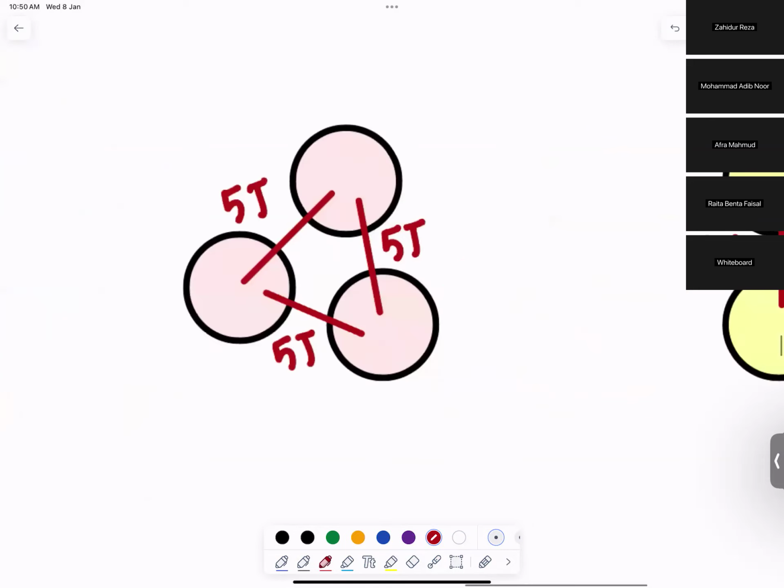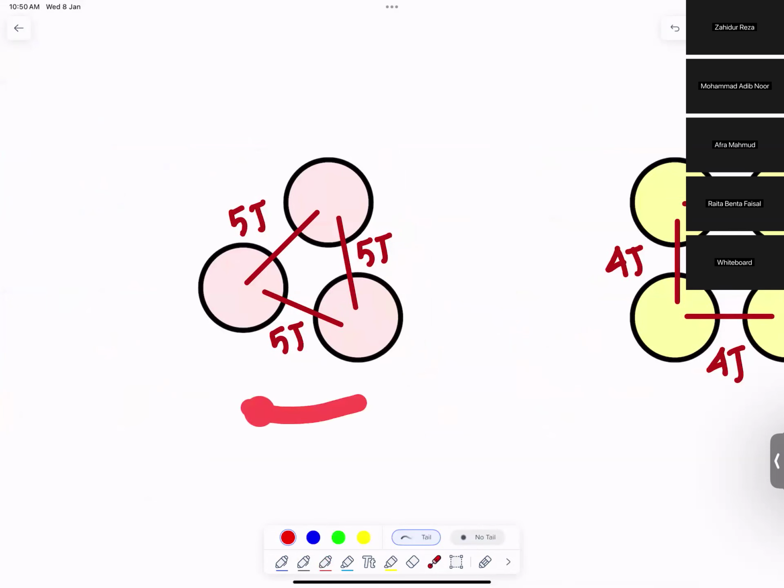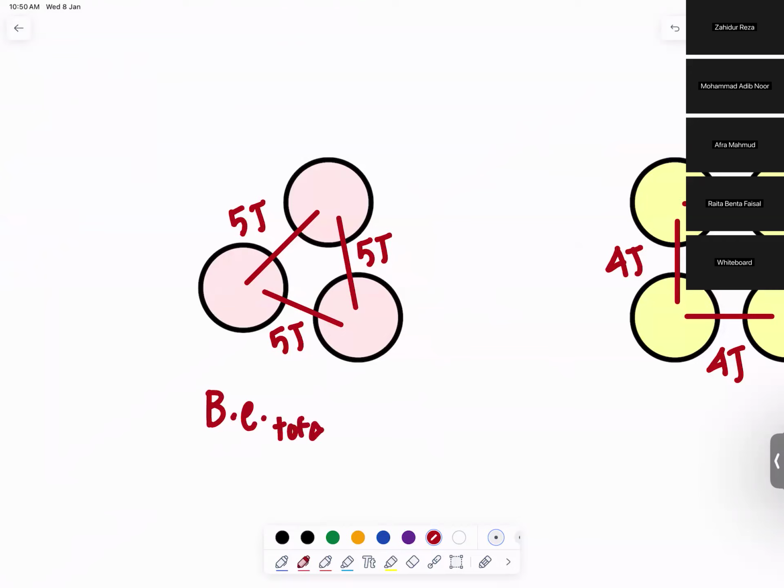Now, if somebody asks you what the total binding energy is in this scenario, the answer would be how much? The total binding energy in this scenario is going to be 15 joules, right? Because 5 times 3 is 15 joules.